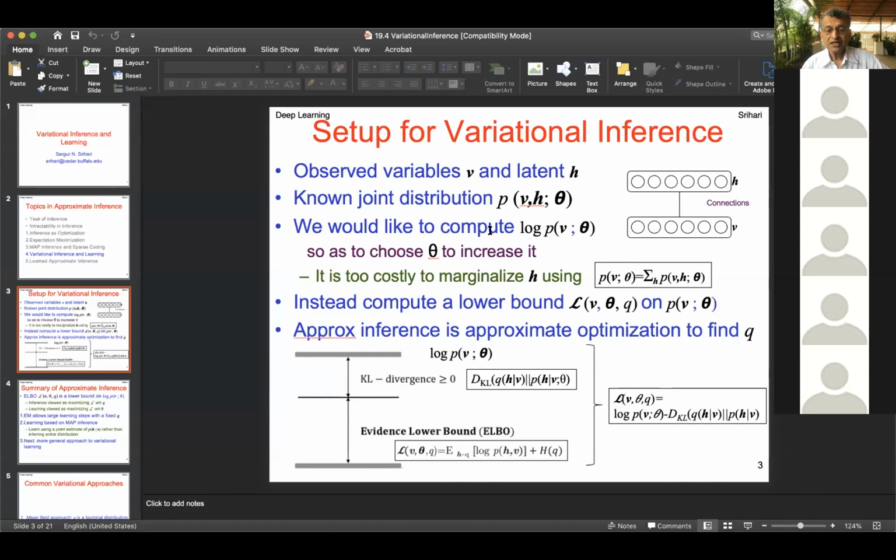We'd like to compute log P of V, theta. I give you a set of values, and I want to calculate the probability associated with this input. Why are we interested in doing that? So as to choose theta to increase it. When we present it here, we would like this model to give that as high a probability as possible, and that can only be done by changing theta, which are all the weights here.